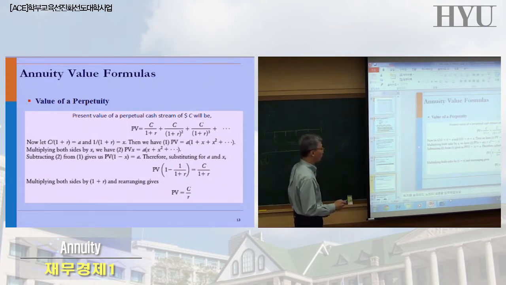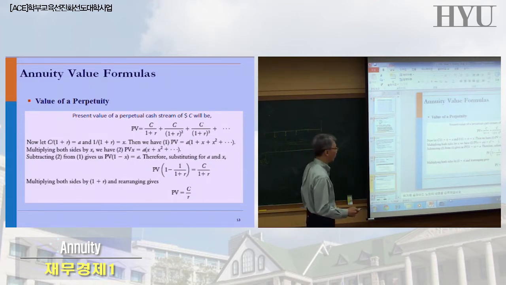If we multiply both sides by X, then we have PV times X equals A times the whole thing. Subtracting the second equation from the first gives us this equation. By multiplying both sides by 1 plus R, we end up with this.